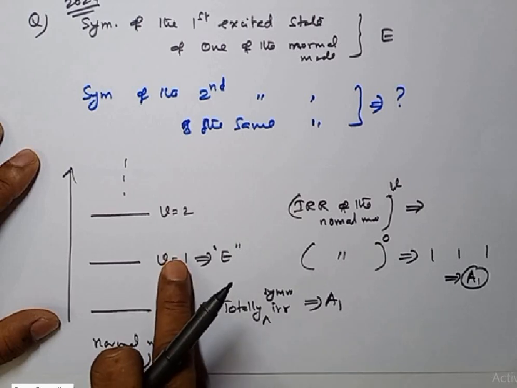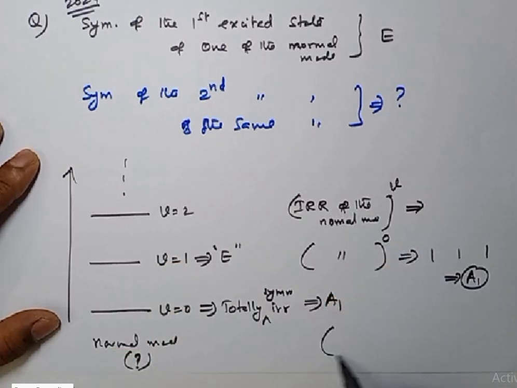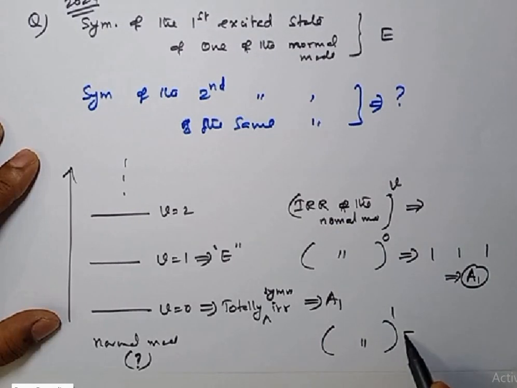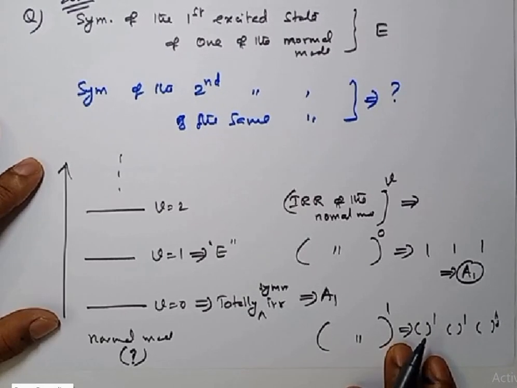Then what about the first excited state? You take the same irreducible representation of the normal mode and you put 1. Something power 1, something power 1, something power 1, that should give me E. What is the character for E?